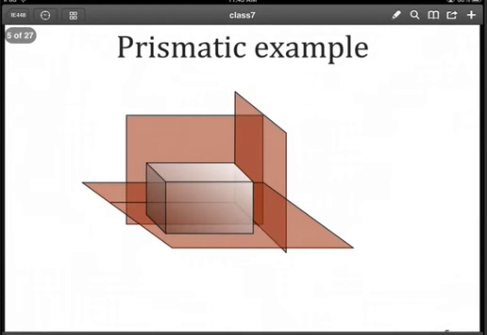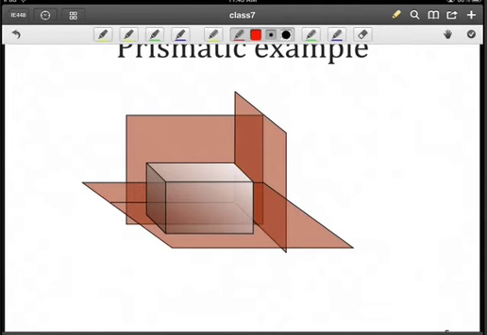So here's a prismatic feature, and we're constructing a datum reference frame around it. You can see our three planes. The sequence, as we said, is important. So the order in which we construct this plane, if this is first, then we're going to find that back surface.